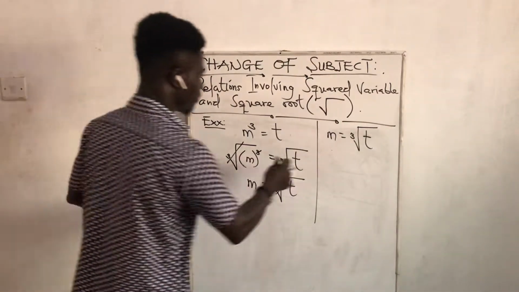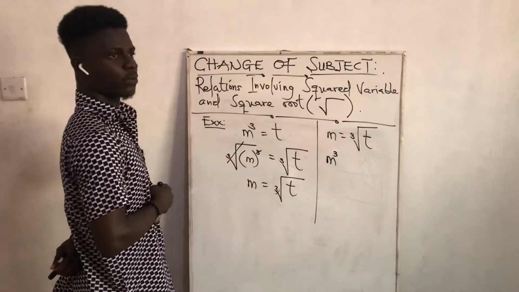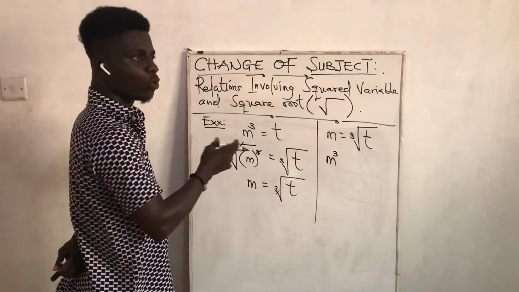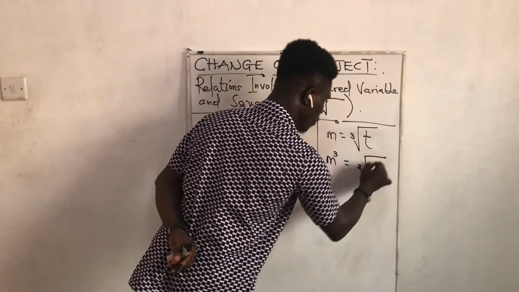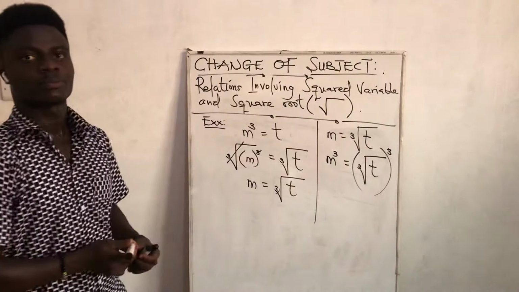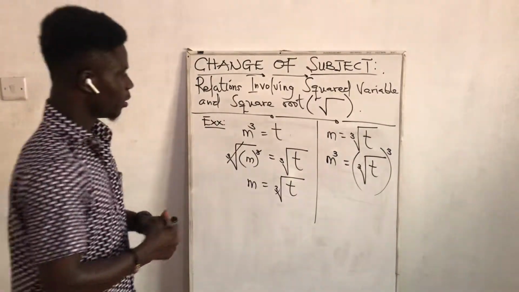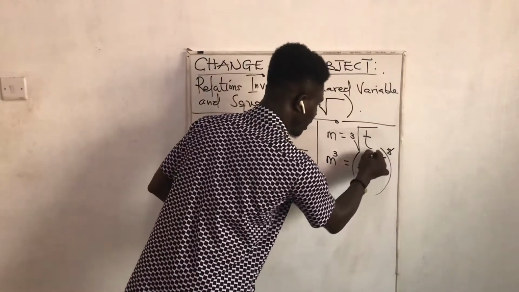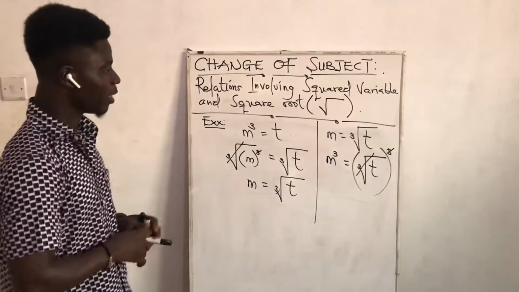So now, M to the power 3, we take cube of both sides, equals cube root of T all to the power 3. Then this 3 cancels the cube root, takes away the cube root.